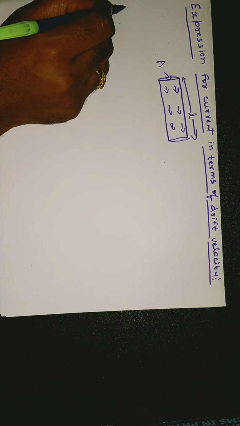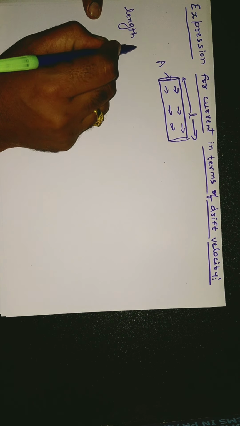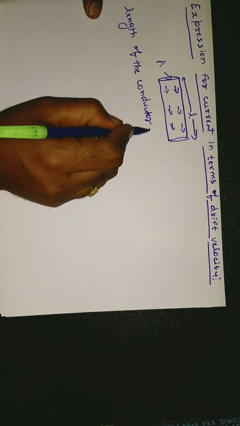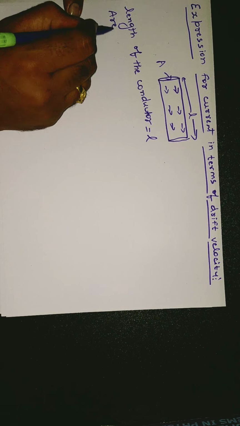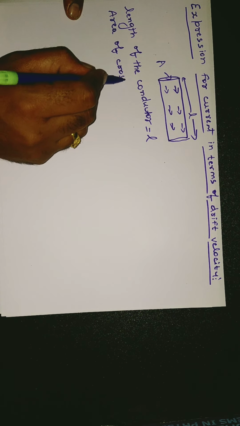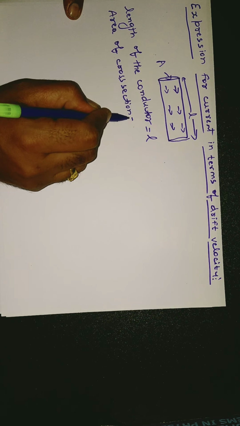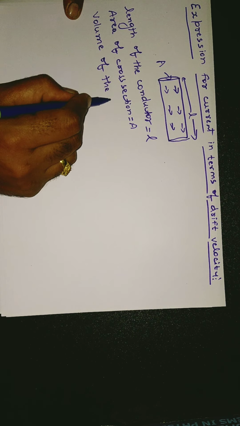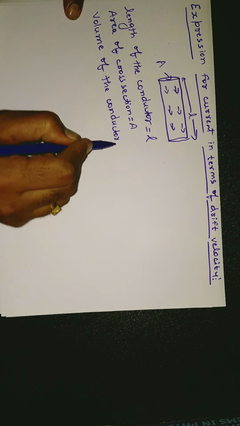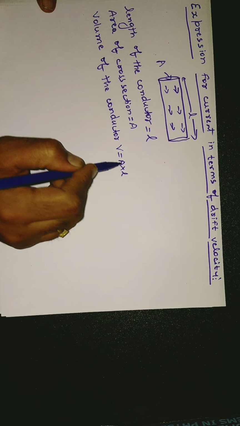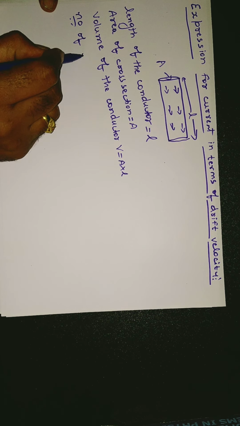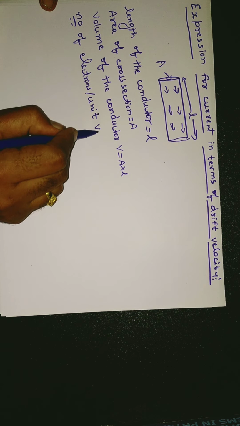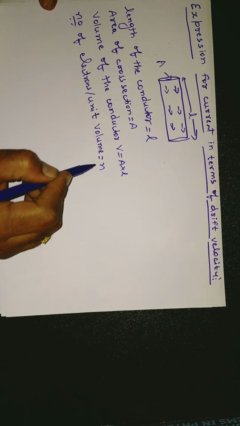So the length of the conductor is L, the area of cross section is A, and the volume of the conductor is A into L. Let us say there are n number of electrons per unit volume.